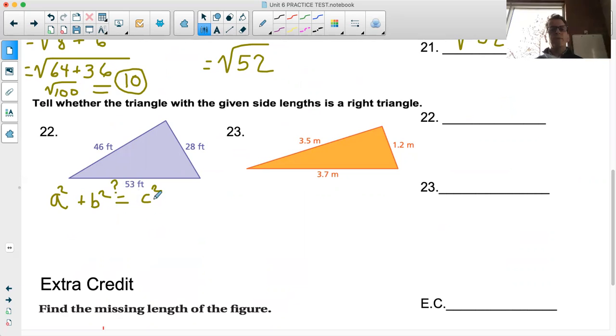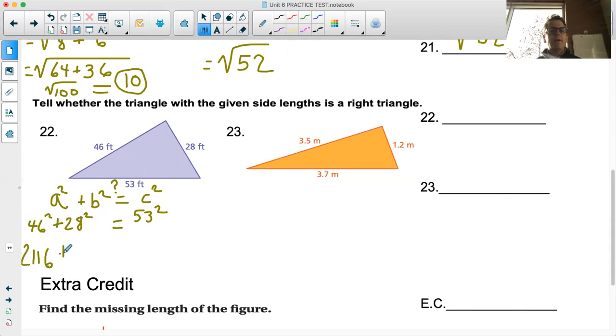So let's go ahead with this first one. The longest side is the c, so in this case it is 53 squared. The other two sides would be the legs of the triangle, 46 squared plus 28 squared. This is some calculator work, and you could use your calculator for these. 46 times 46 is equal to 2,116.